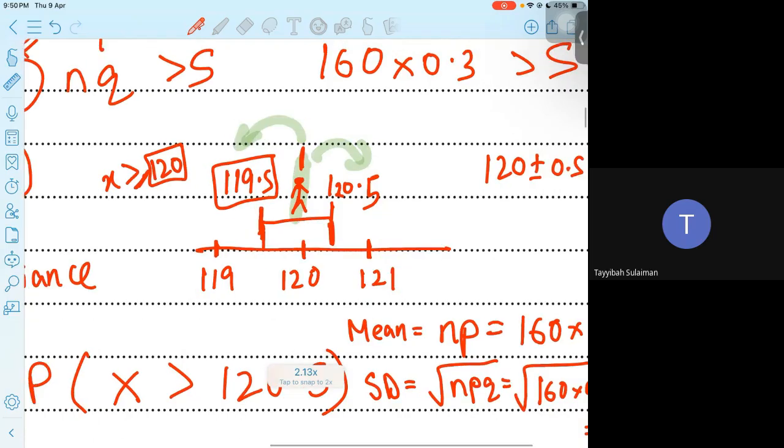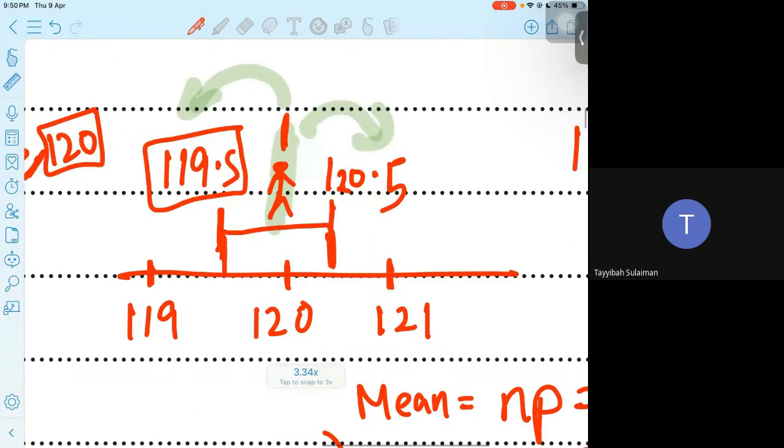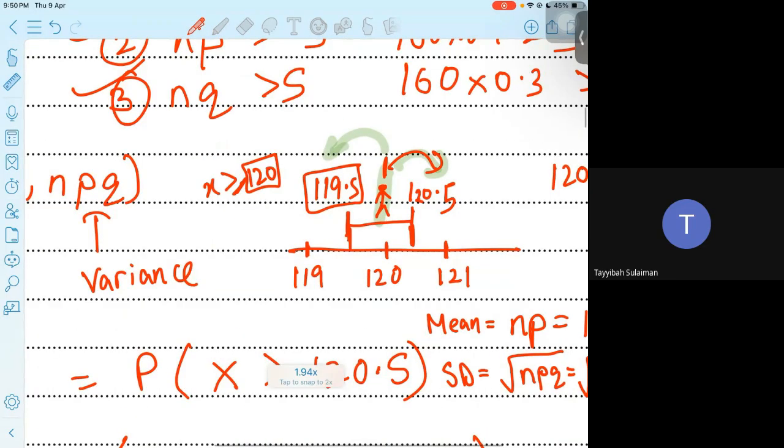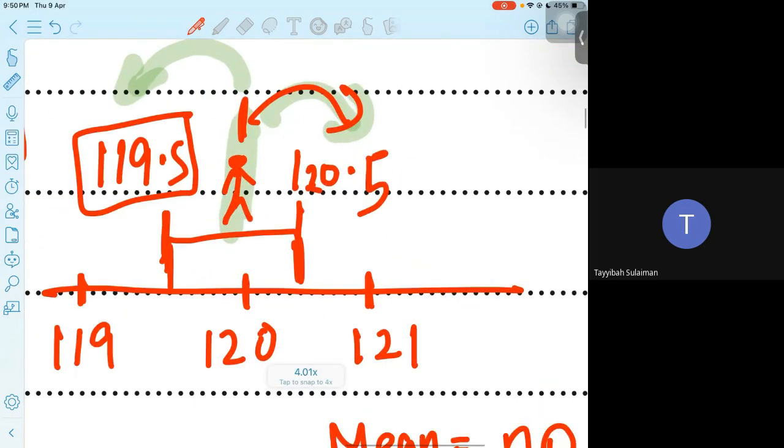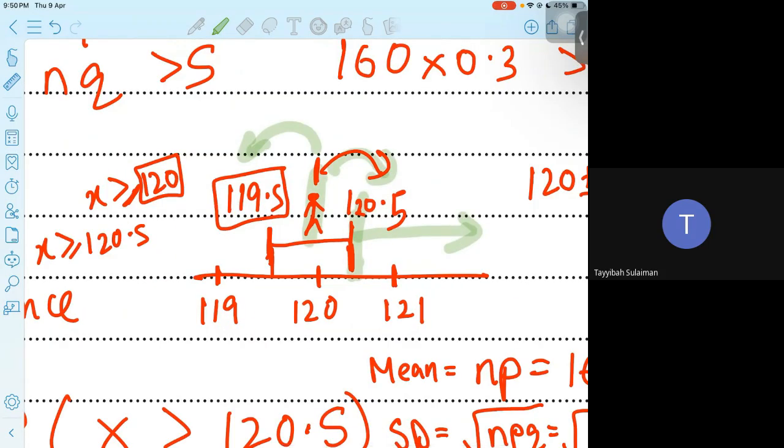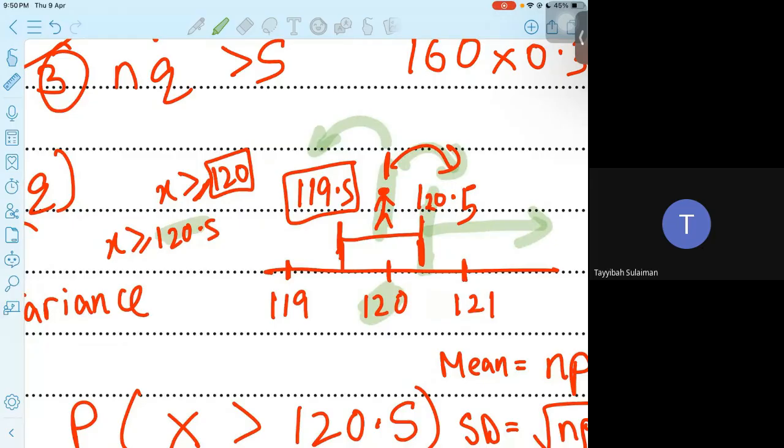If I take 120.5 and go to all the values higher than that, am I really catering to the 120? My x should also be equal to 120, right? Am I catering to that?